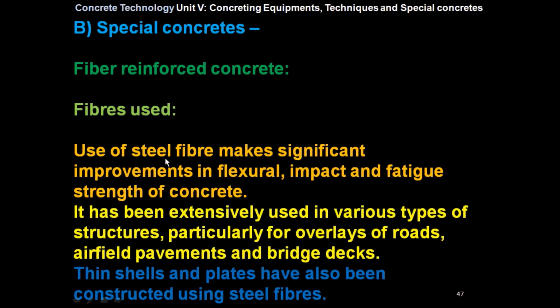Use of steel fiber makes significant improvement in flexural, impact and fatigue strength of concrete. It has been extensively used in various types of structures, particularly for overlays of roads, airfield pavements and bridge decks. Thin shells and plates have also been constructed using steel fibers.